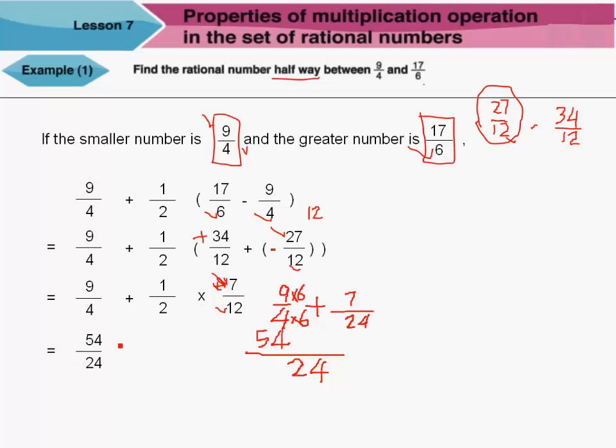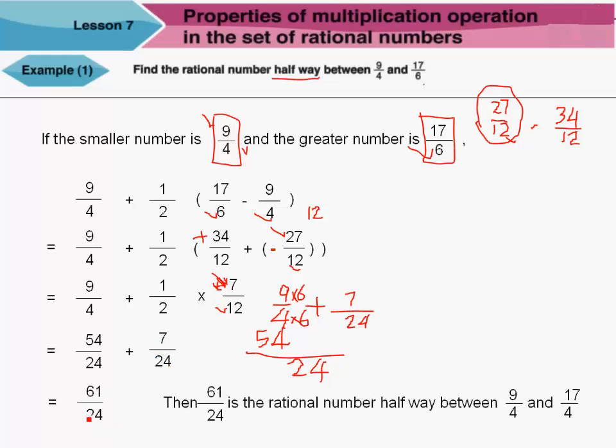This one, 54 over 24, plus this one will be 7 over 24. So, the denominator is 24. We add these two numerators, which give 61. So, the 61 over 24 is the rational number halfway between 9 over 4 and 17 over 6.